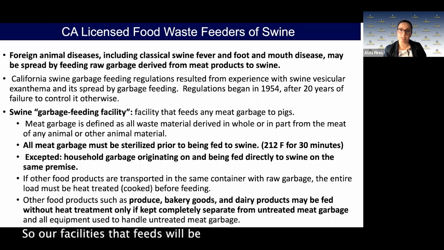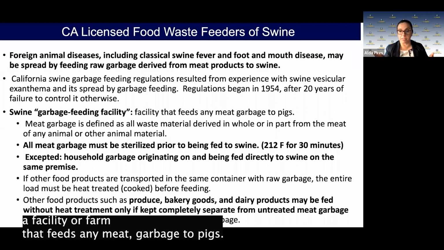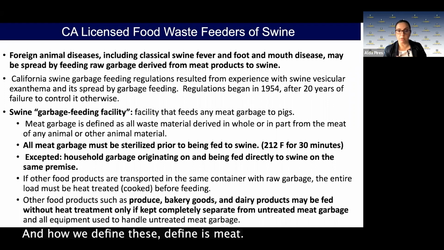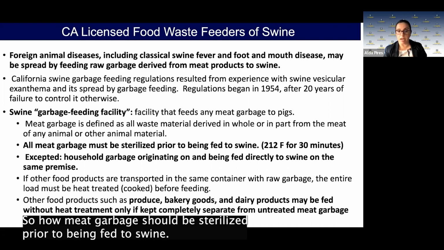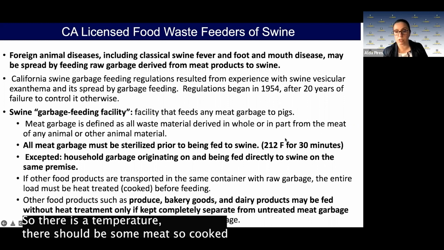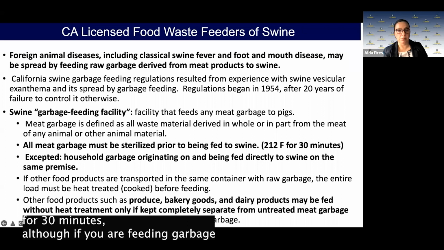These are facilities or farms that feed any meat garbage to pigs. We define meat garbage as a waste material derived from all or part of the meat of an animal or other animal material. All meat garbage should be sterilized prior to being fed to swine. There is a temperature at which it should be cooked for 30 minutes.